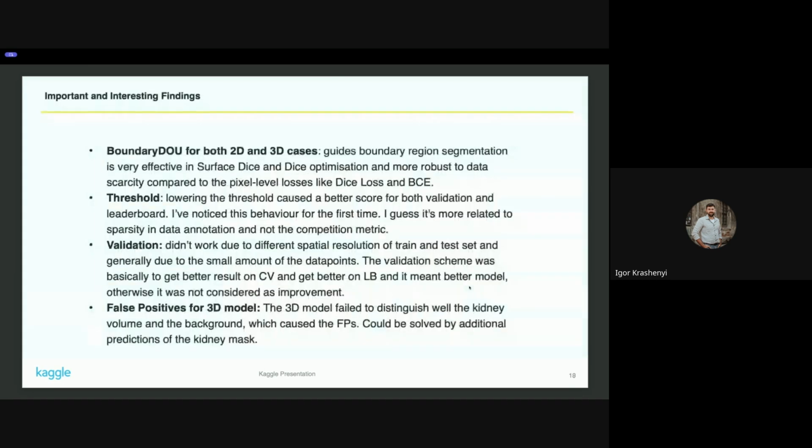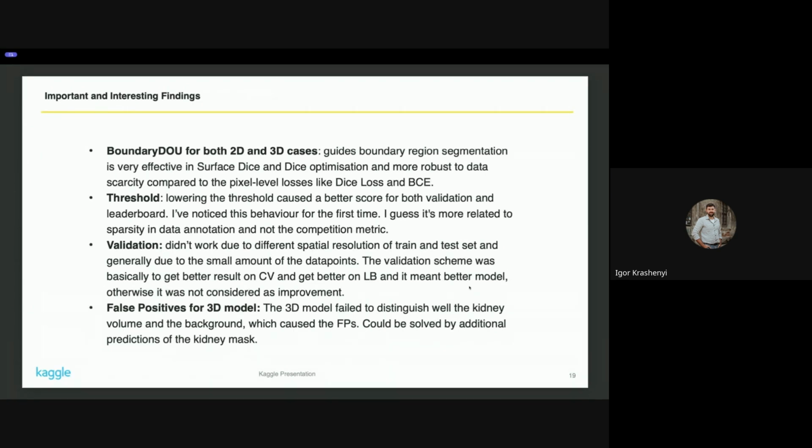What was important, boundary difference over union loss worked really well for both 2D and 3D approaches, and it beat the dice focal loss, binary cross entropy, whatever standard.